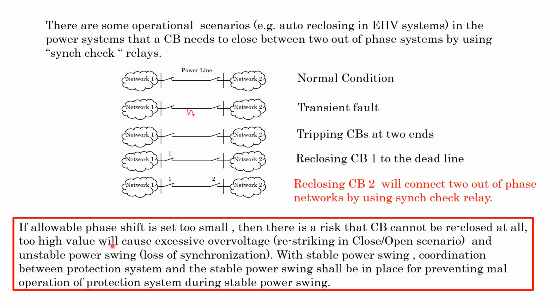But a too high value causes excessive overvoltages, re-striking in the close-open scenario, an unstable power swing, and loss of synchronism between these two areas. With a stable power swing, coordination between the protection system and the stable power swing shall be in place to prevent maloperation of the protection system during a stable power swing.